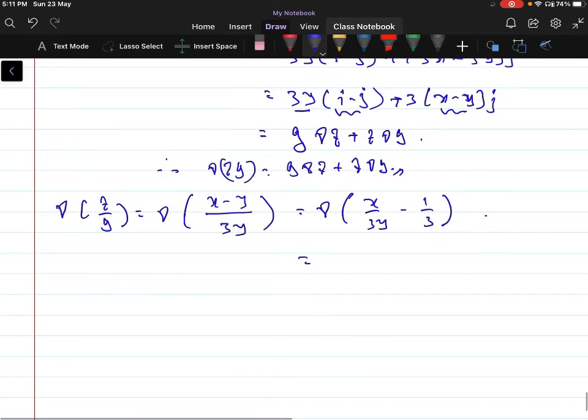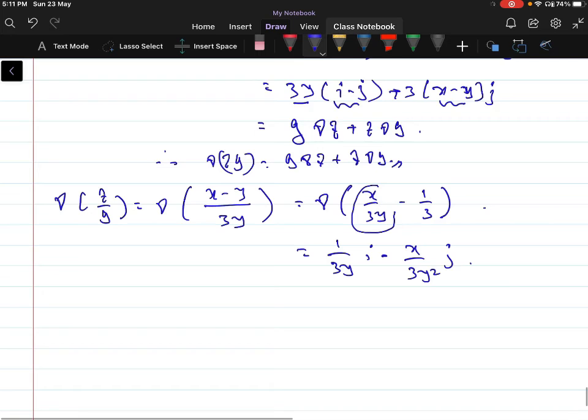So where gradient of this function is dou f by dou x, x differential 1 by 3y into I cap, then dou f by dou y, differentiate this function with respect to y, 1 by y differential is minus 1 by y square, that is minus x by 3 y square into j cap. So this is the gradient of the function x by 3y minus 1 by 3.